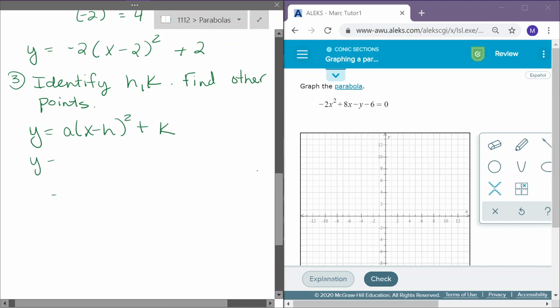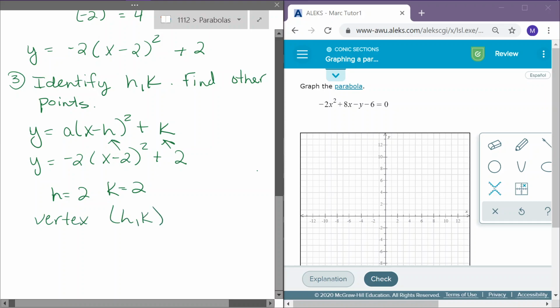And we have y equals negative 2 times x minus 2 squared plus 2. So that tells me that my h is 2 and my k is 2. So my vertex, which is h comma k, is going to be equal to 2 comma 2.